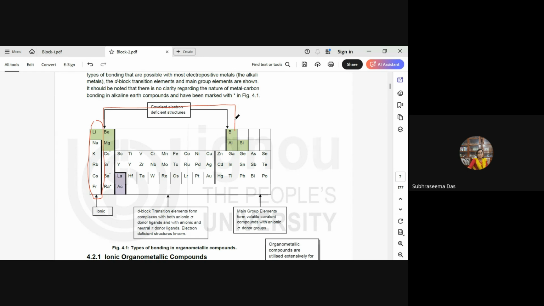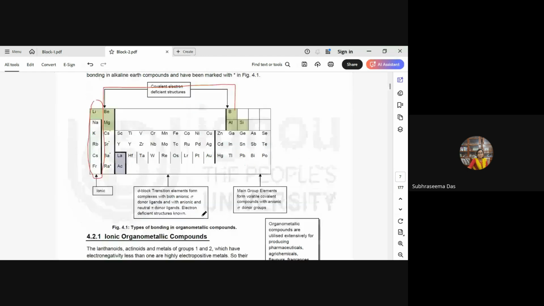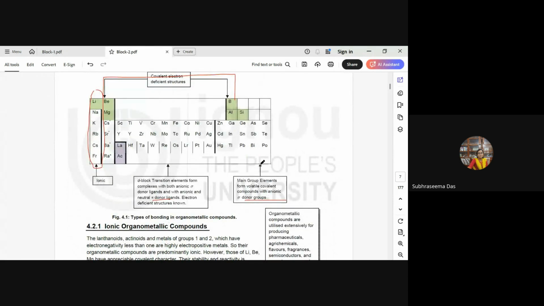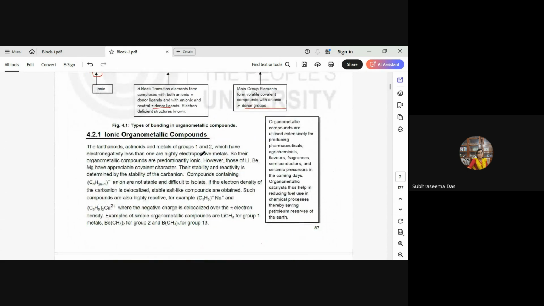The d elements form complexes with both ionic, that is sigma donor ligands, and also pi donor ligands. But the main group elements, particularly the p group elements, form volatile covalent compounds with sigma donor groups. These are different types of bonding that occur in different organometallic compounds. First we will start with ionic organometallic compounds.